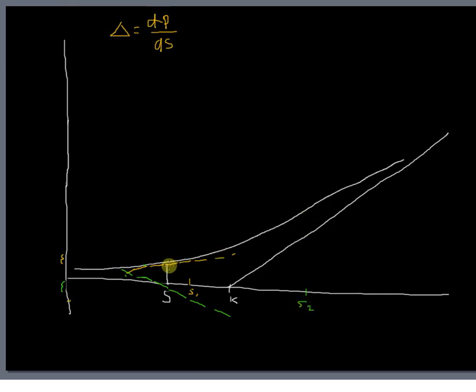Assume that we keep this hedge for the period from S to S2, and we would have lost this amount. But for the option, how much have we gained? We have gained this amount.